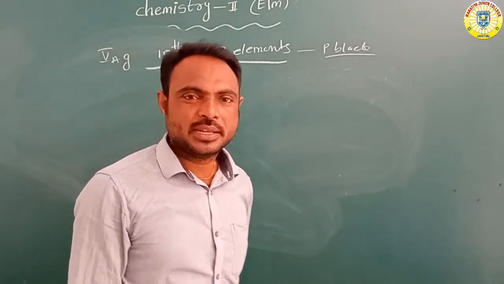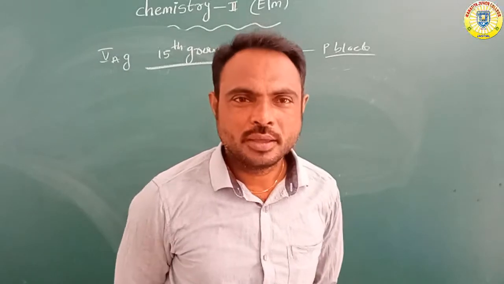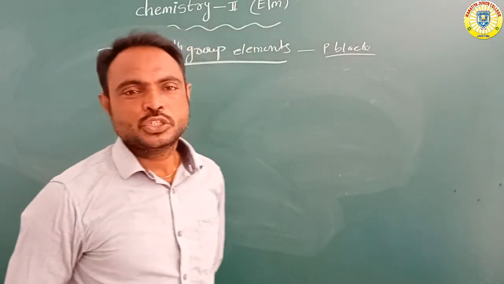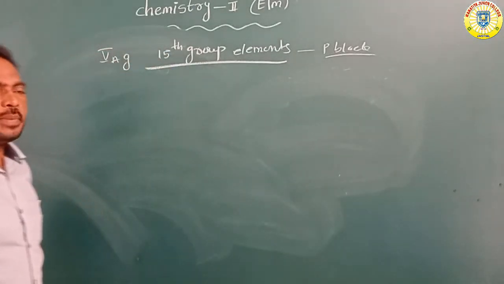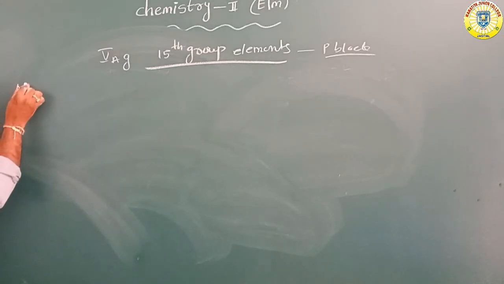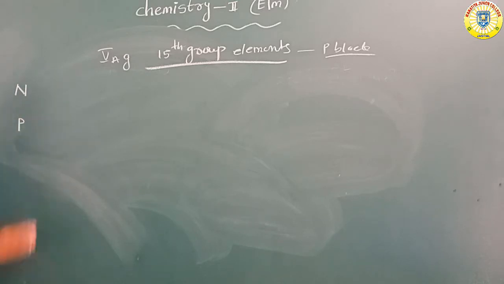15th group elements is also called 5th A group elements. So overall, which elements are 5th A group or 15th group elements? It starts from nitrogen, phosphorus, arsenic, antimony, bismuth.